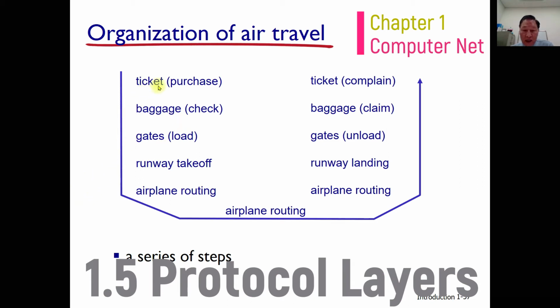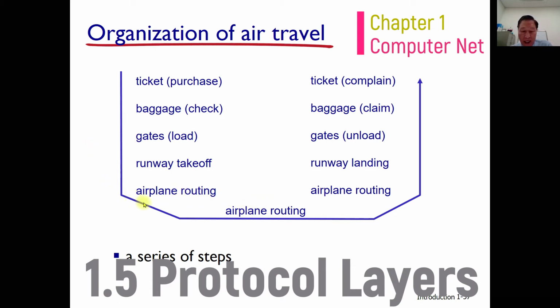When we are using an airline, we need to purchase a ticket first. After that, baggage check and gates, and runway takeoff, and the airplane will be routed. That is routing through several places if we are dropping by several places.